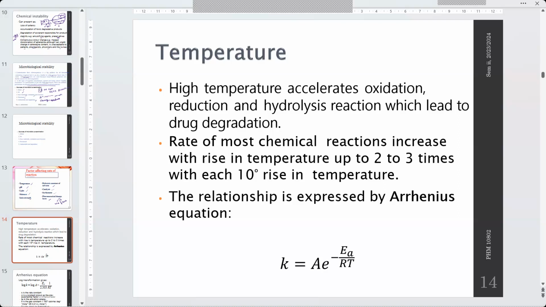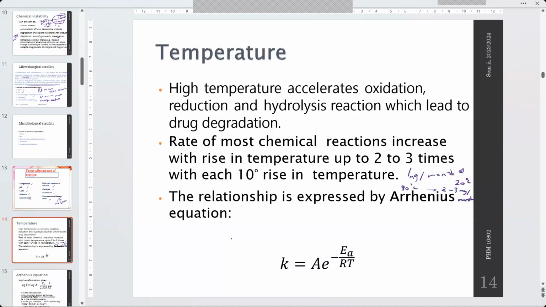So this means that, for example, if your drug degradation rate is, say, 1 milligram per month at 20 degrees, and you increase the temperature of storage to 30 degrees, then the rate of degradation may be 2 times, meaning 2 milligrams, or 3 times, maybe 3 milligrams per month.